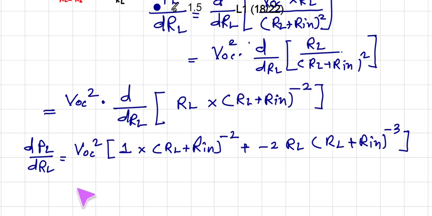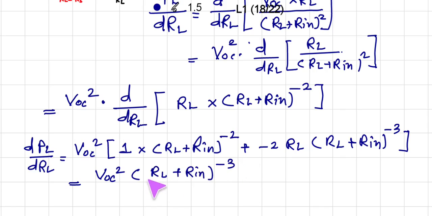From this we get dPL by dRL is equal to VOC square into (RL plus Rin) raised to minus 3. Remember that we are taking common (RL plus Rin) raised to minus 3, but the term here is only (RL plus Rin).